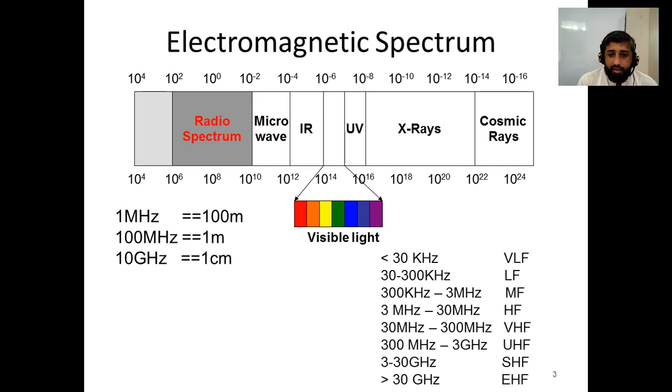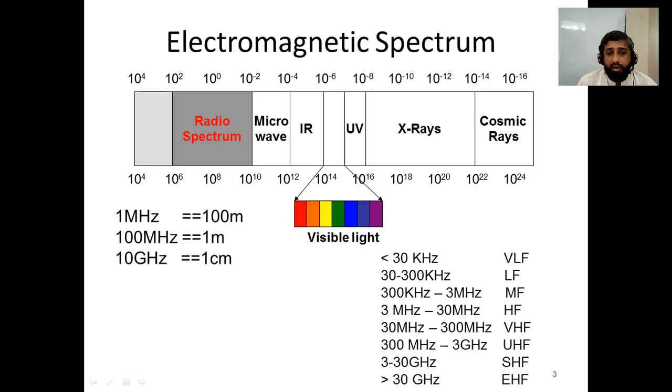This is a typical electromagnetic spectrum. As you know, we generally divide the spectrum into different smaller bands, VLF, LF, MF, as listed in the presentation. Our focus in this course will be the radio spectrum, which is indicated as red here.